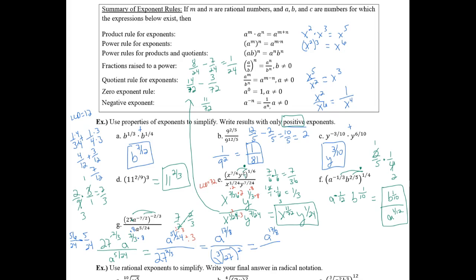I take the cube root of 27. Cube root of 27 is 3. 3 times 3 times 3 is 27. And lastly, I have to square it. 3 squared is 9. So this is an a, that's a 9. And that's as far as we can go.